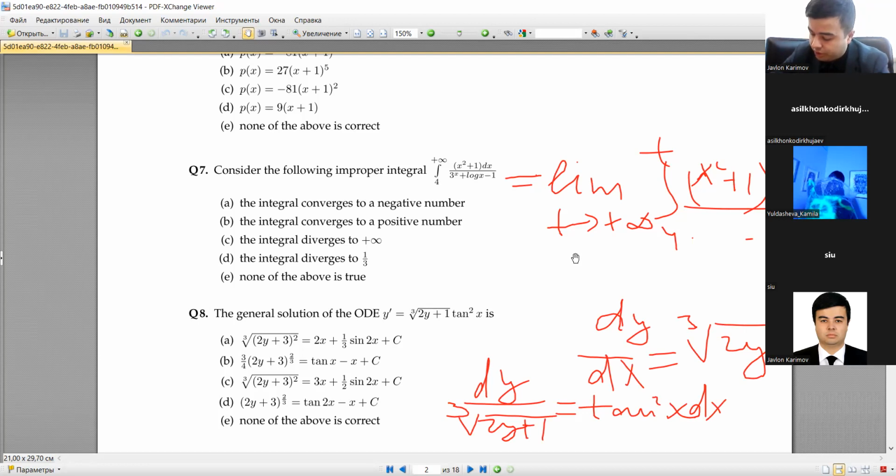So we just integrate both sides of our equation and find the solution. You can see the left side only depends on y, the right side only depends on x. I think it's not so difficult. It's clear for you. Let's continue with number 7 now.